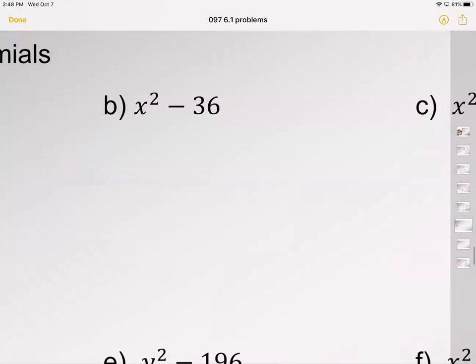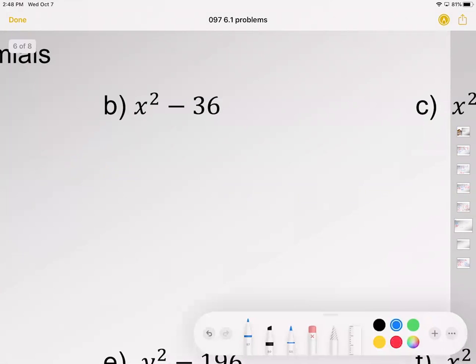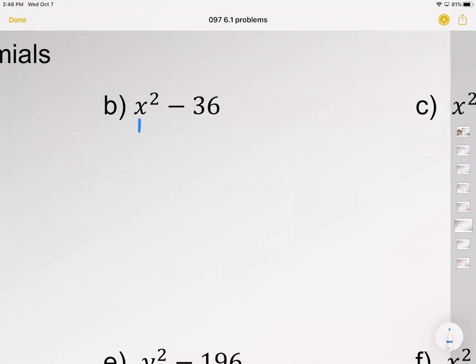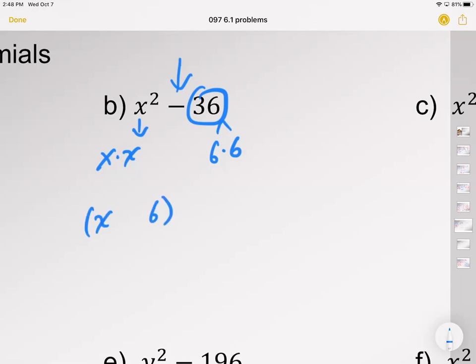So let's take a look at this item here. We know that this is a perfect square because x times x, and this is a perfect square, which is 6 times 6. And again, this is minus, so it fits the criteria of the binomial. All you need to do is put x and 6, one of them in each parenthesis.